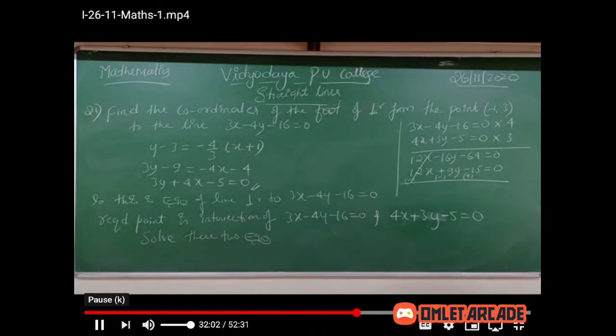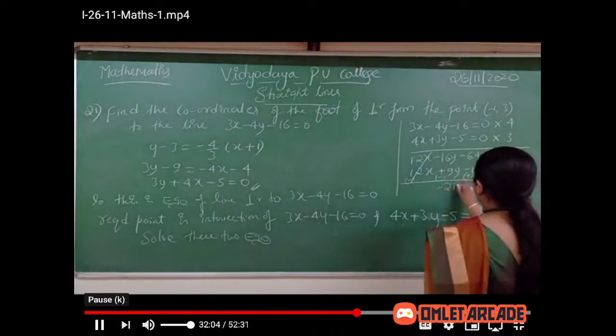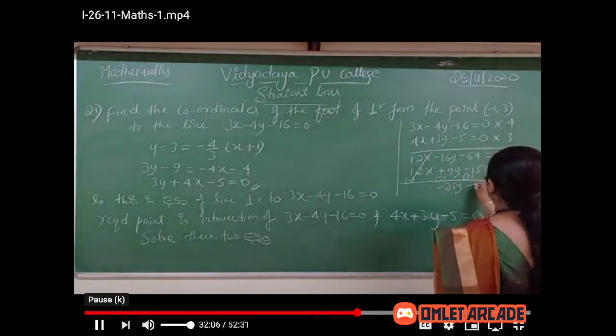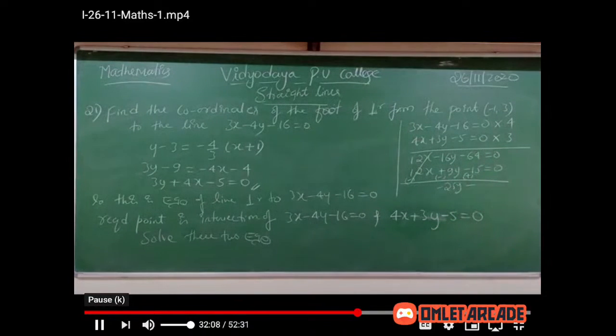Isn't it? So this will be minus 25y, and this will be minus 64 plus 15, 49 is equal to 0. Isn't it?